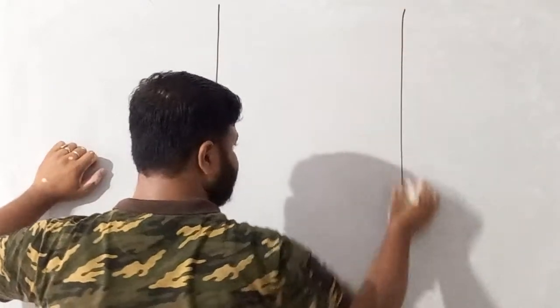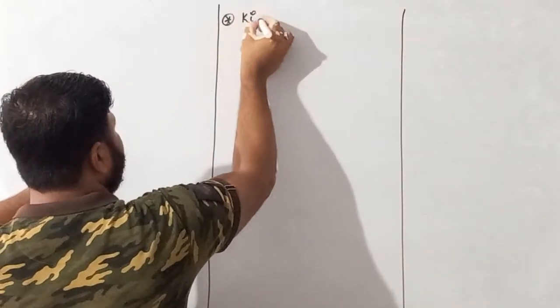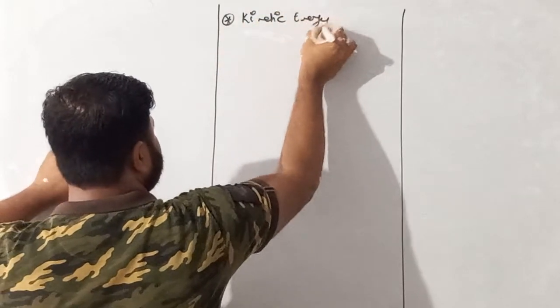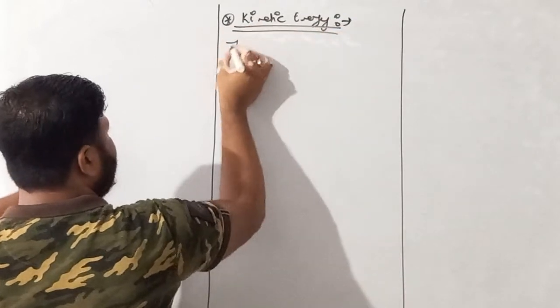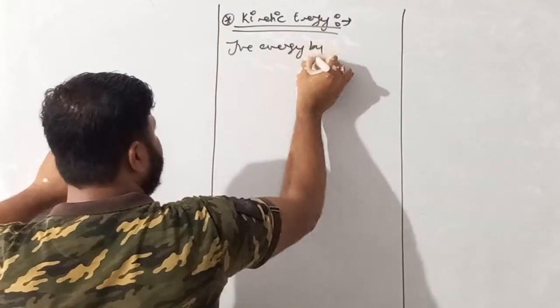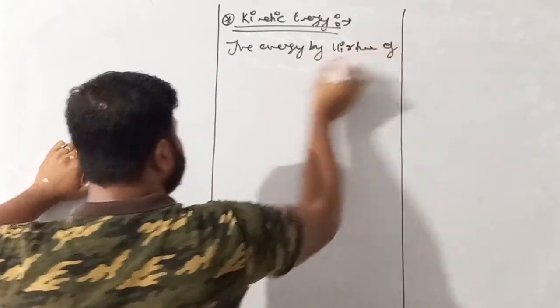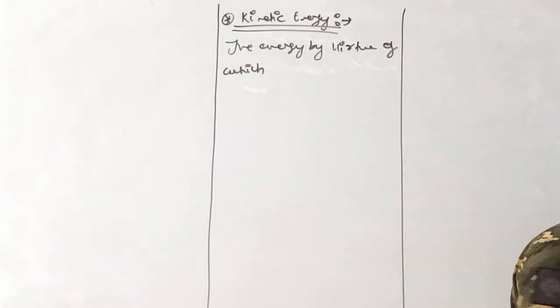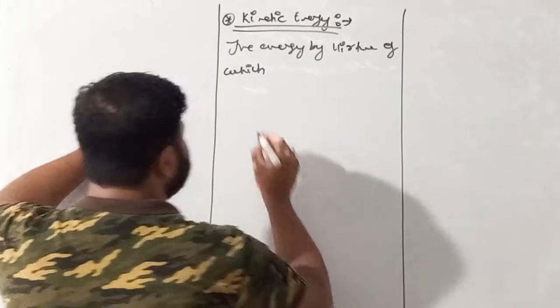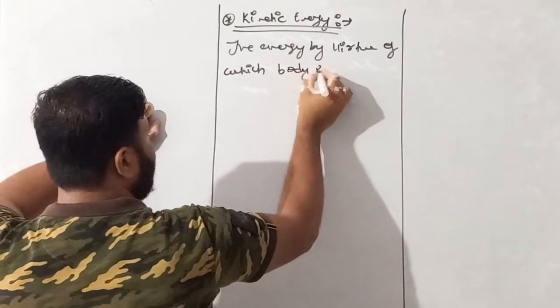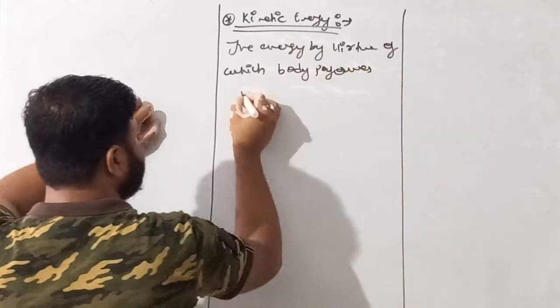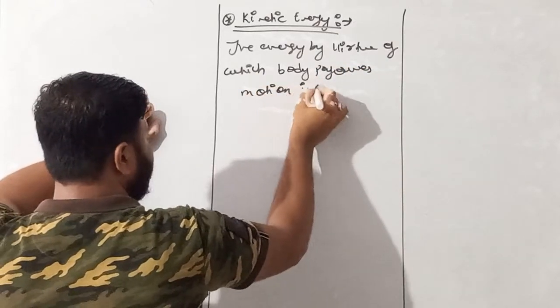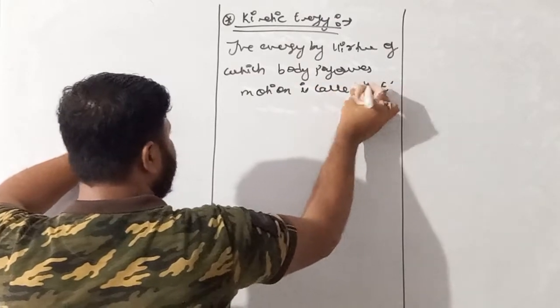So please write down the definition of kinetic energy: the energy by virtue of which a body performs motion is called kinetic energy.